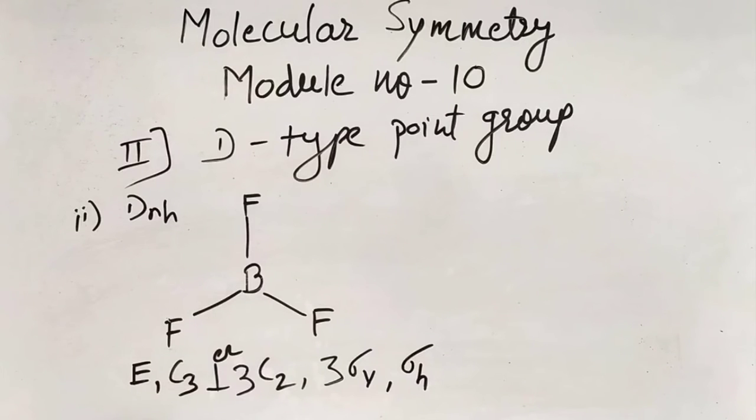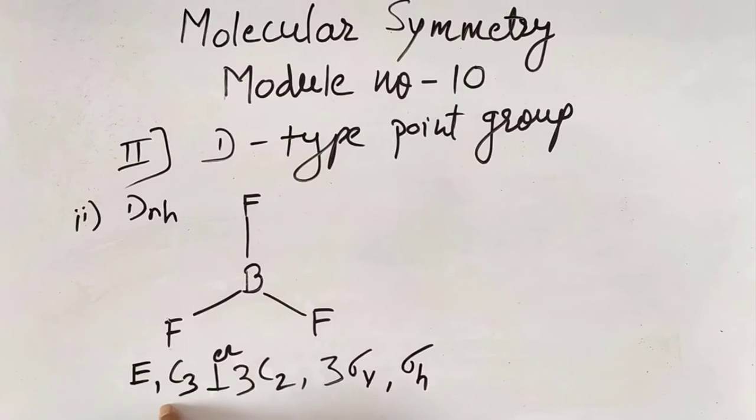So these are the symmetry elements present in the BF3 molecule. What is the total final list? In the BF3 molecule there is one identity element, one C3 rotational axis, 3 more C2 subsidiary axes which are perpendicular to this, and we have 3 vertical planes and 1 horizontal plane.